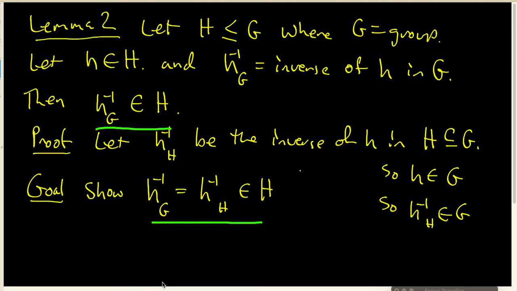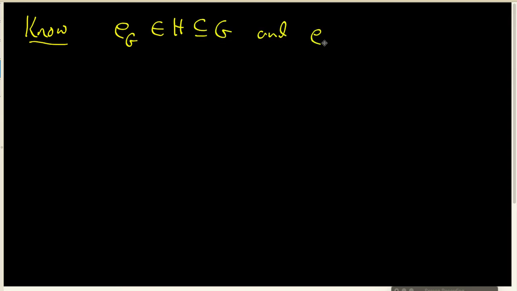So again, I want to think about how I am going to do this. Let's go to the next page and think about what we know. One thing I know is that e_G is inside H as well as being inside G, and e_G is the group identity in both groups.